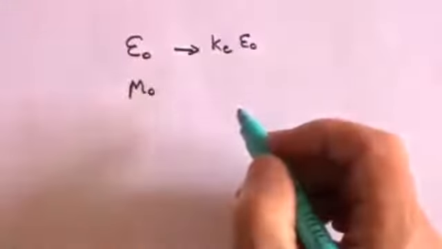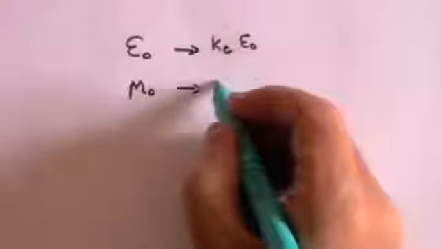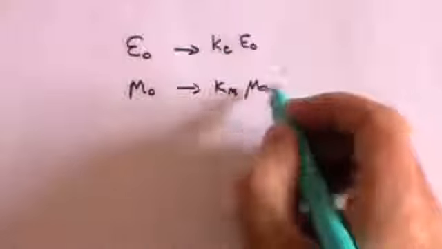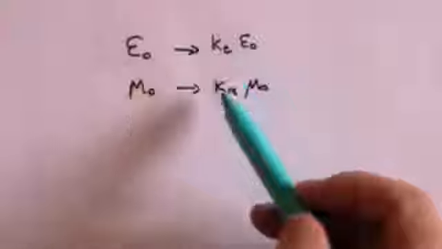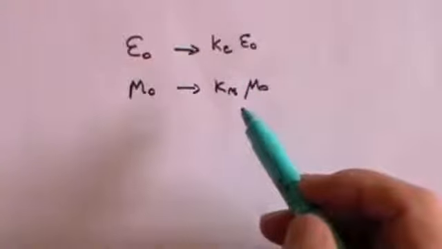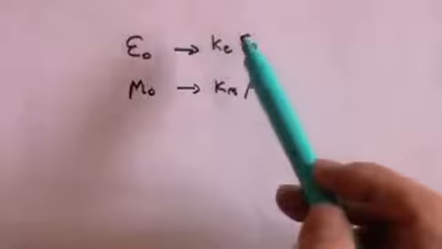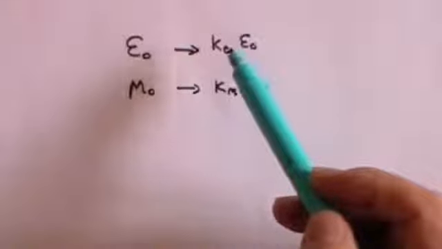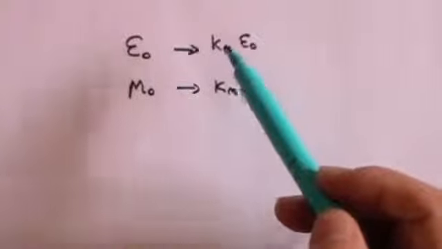Ke epsilon naught becomes the permittivity in the dielectric, and Km mu naught becomes the permeability in the dielectric. And Ke and Km are essentially the coefficients which modify these values in free space for their values in the dielectric, such as, for example, water or glass.